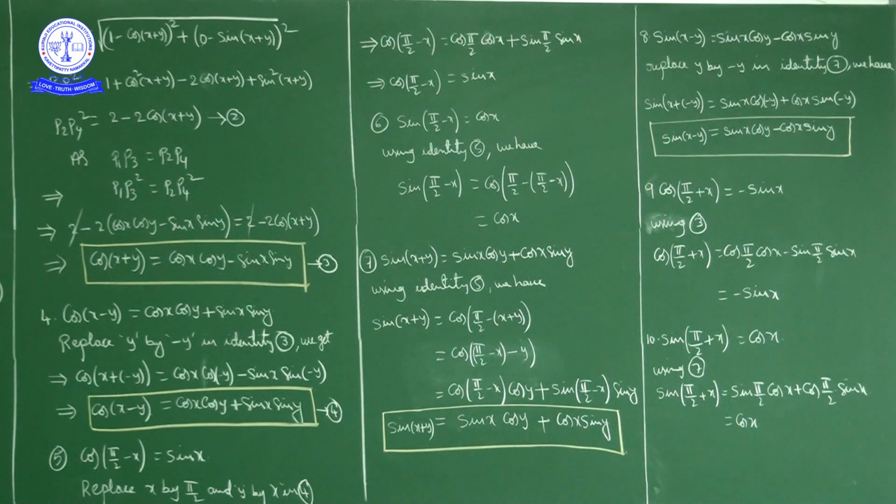Okay, next identity is identity 8, that is sin x minus y is equal to sin x cos y minus cos x sin y. Okay, next, cos pi by 2 plus x is minus sin x, and last one today this session we discussed, that is sin pi by 2 plus x is cos x.